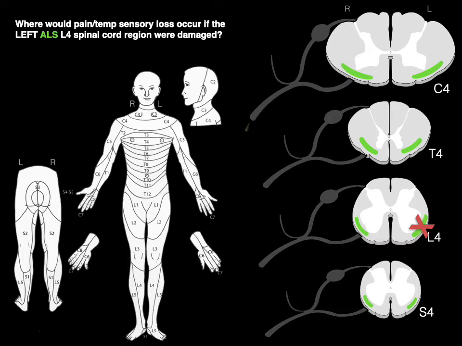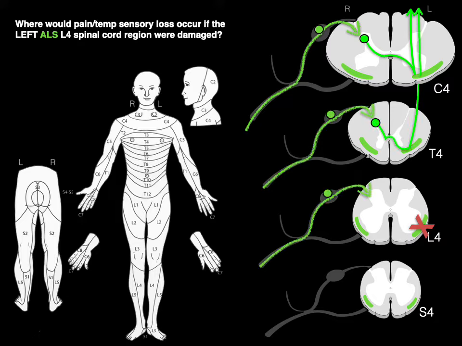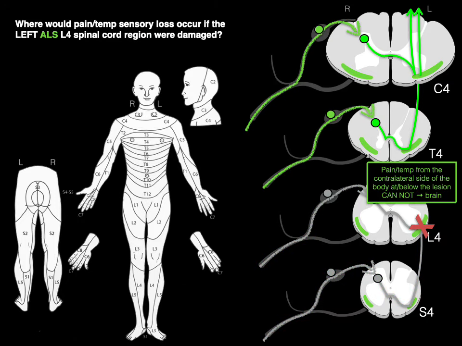But now let's go from the cervical region. Watch what happens from the contralateral side. Sensation has no problem coming in from the T4 level, but at the L4 level some of that sensation will not make it, and definitely from the sacral region it will not make it, like that. So pain and temperature from the contralateral side of the body at or below the lesion cannot make it to the brain.